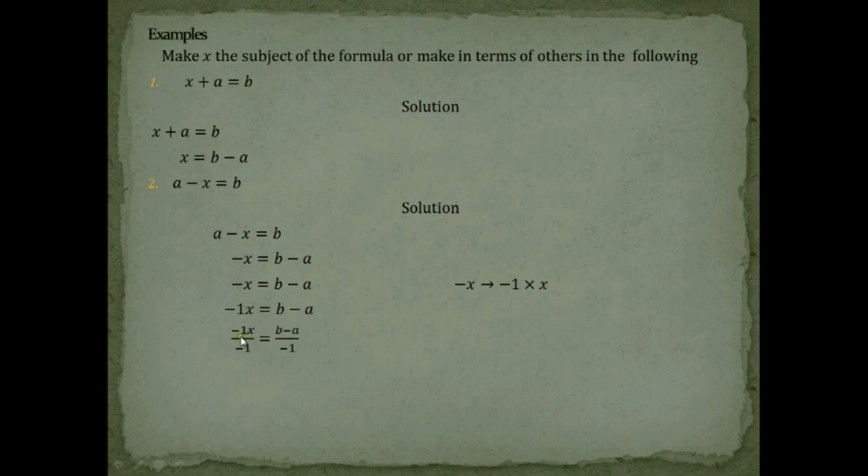Then we're going to have minus 1x over minus 1 equal to b minus a over minus 1. So minus 1 is going to cancel out minus 1. Then we'll be left with x equal to b minus a divided by minus 1.